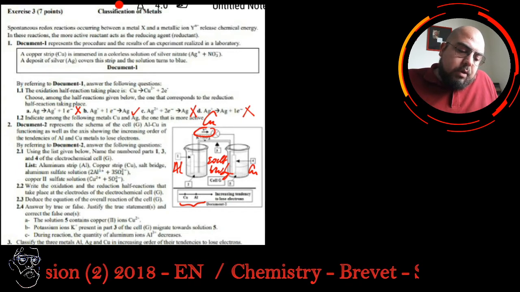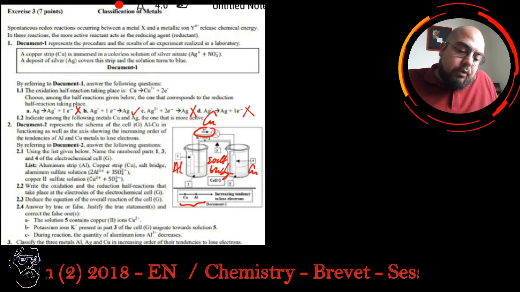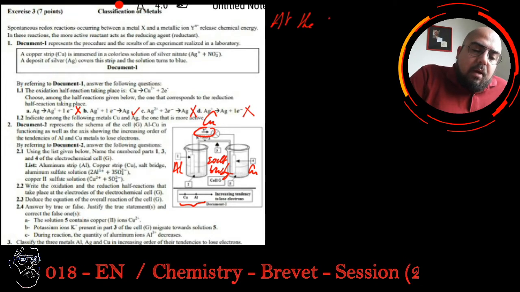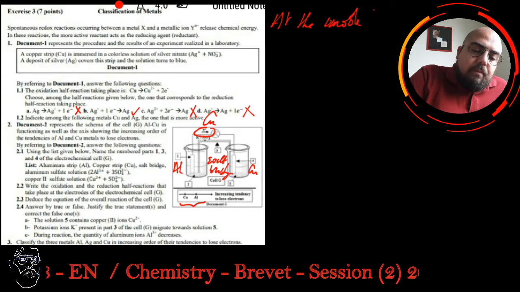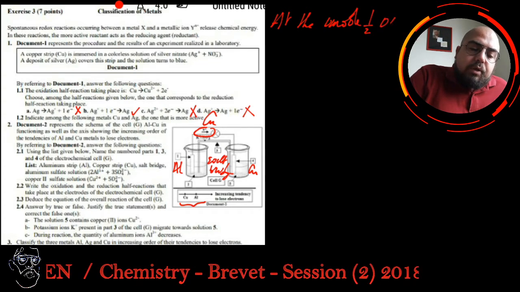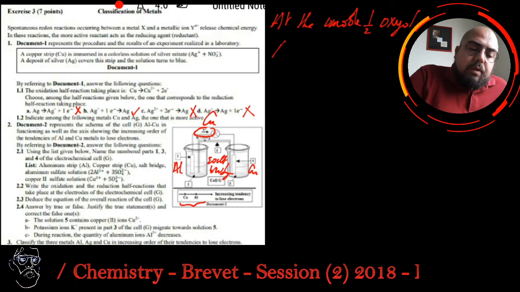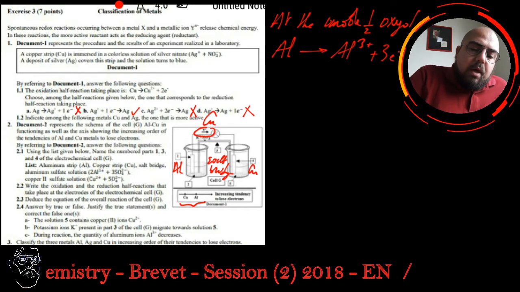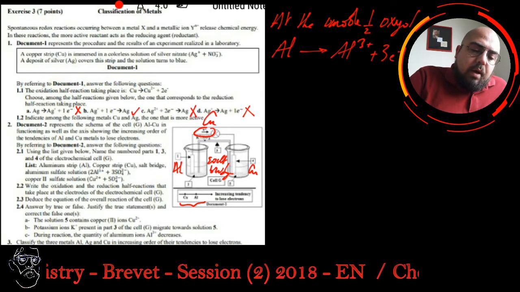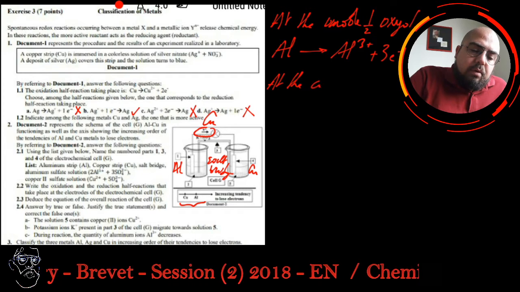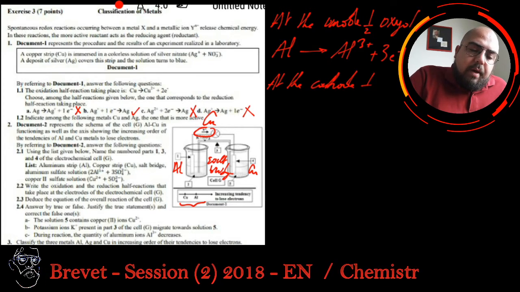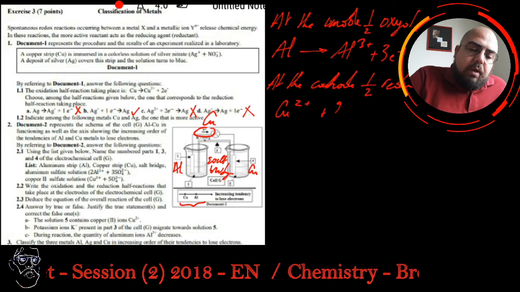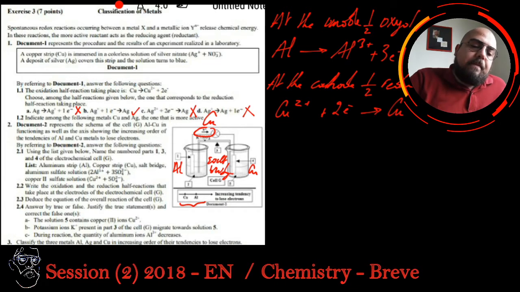All right. Write the oxidation and the reduction half reaction that takes place at the electrodes of the electrochemical cell G. So at the anode we have the oxidation reaction, which is Al being transformed to Al3+ plus 3 electrons, and the second one, at the cathode, we have the half reduction equation, which is Cu2+ plus 2 electrons gives you Cu solid.